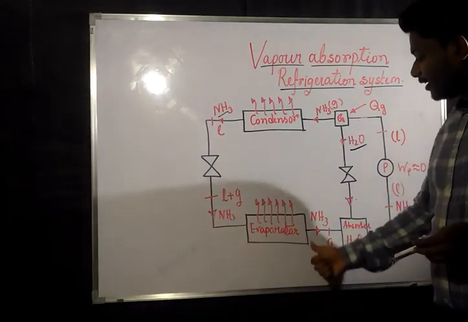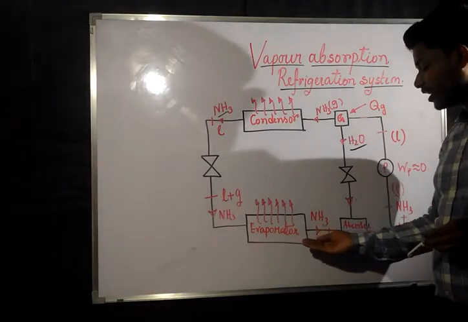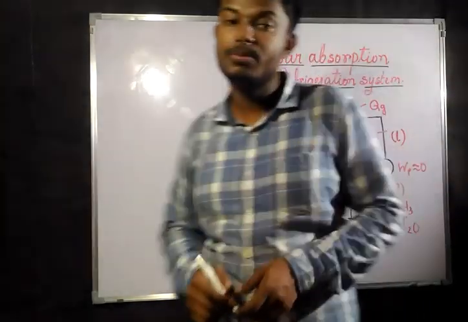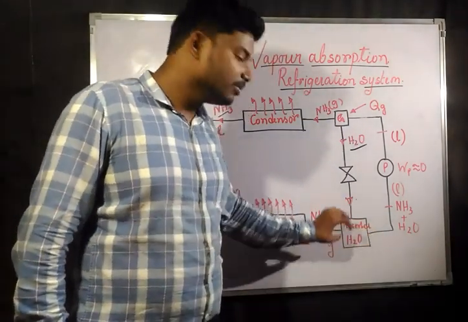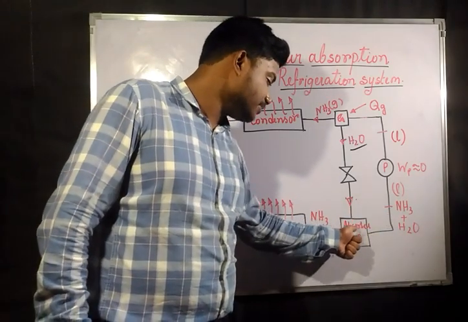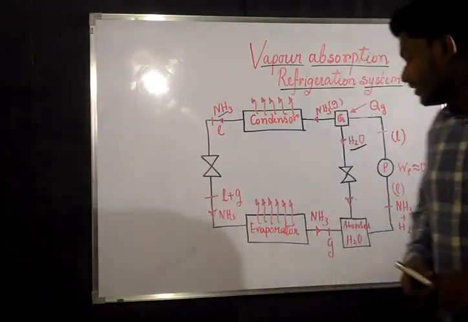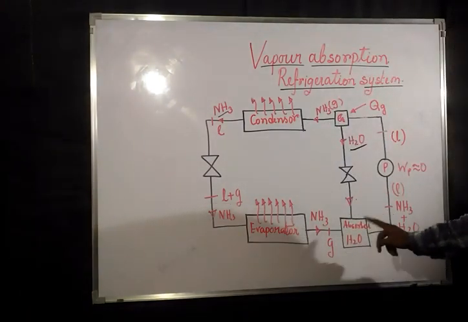As I have said, the difference starts from here. Whatever substance comes out from the evaporator is in gaseous form, and it is going to be the ammonia. After that there is going to be one absorber. Whenever the NH3 passes through this absorber, the H2O catches it. That means now there is a mixture of ammonia and water.